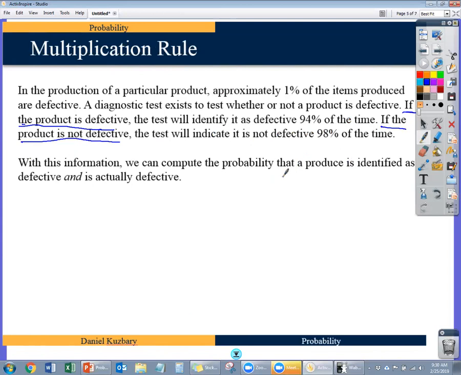So they're conditional probabilities. And I'm saying with this information, we can compute the probability that a product is identified as defective and is actually defective. So we want to find the chance that when we produce a product, it doesn't work right, and the chance that the test is going to say it doesn't work right. So the chance that the product is defective and the test says defective.